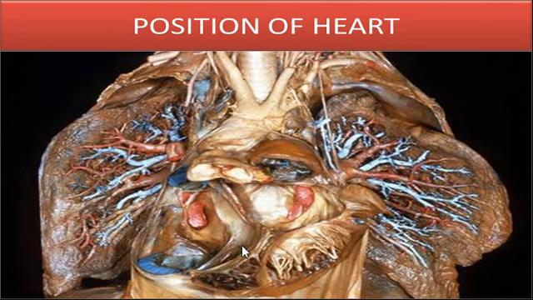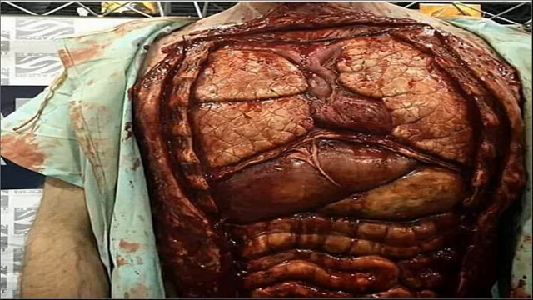You are going to understand this by this photograph. We are seeing a dissected thoracic and abdominal cavity. Are you seeing this part? This is the diaphragm, and these are the lungs.